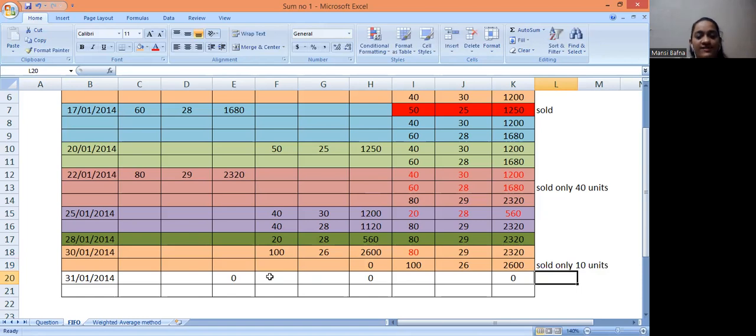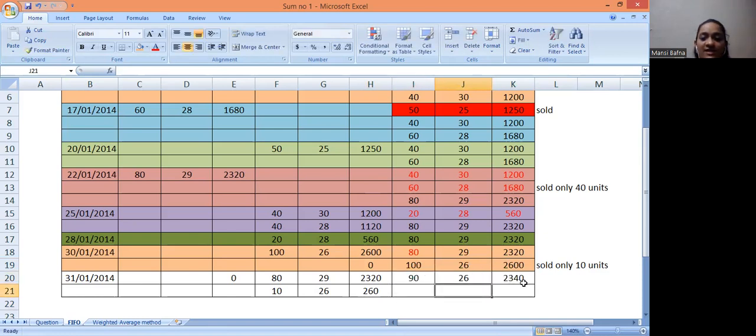So you will use these 80 units at the rate rupees 29. This will be sold, and out of this 100 you will sell only 10 units. So here you will have 10 at the rate rupees 26, which will give you 260, and your balance will be these 100 units, you have sold only 10 units. So you have a balance of 90 units at the rate rupees 26.